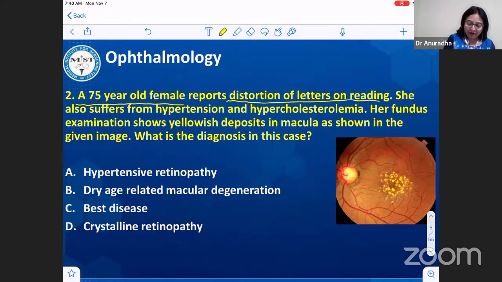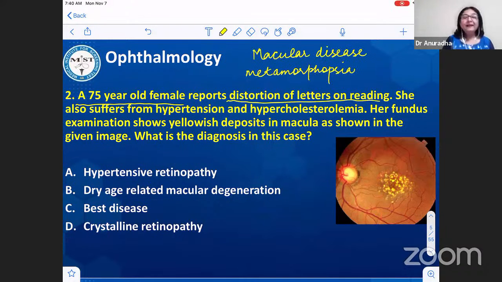Metamorphopsia. And if you remember, metamorphopsia is especially a symptom in macular diseases. So if you take it, you already have your diagnosis almost ready.